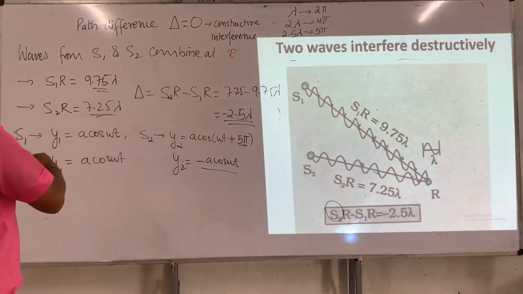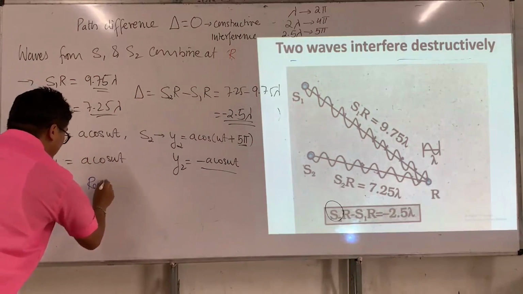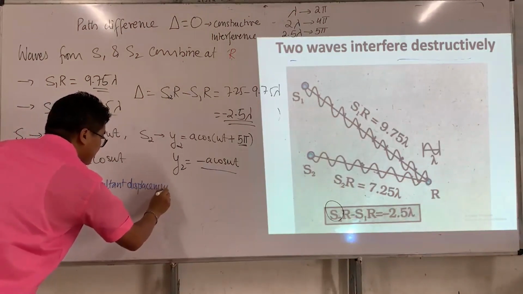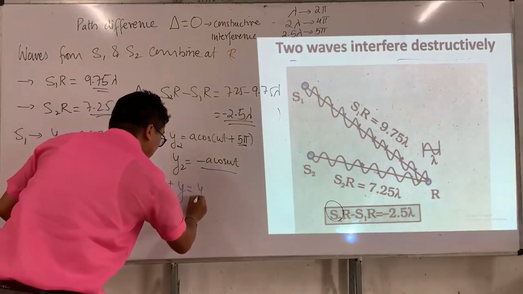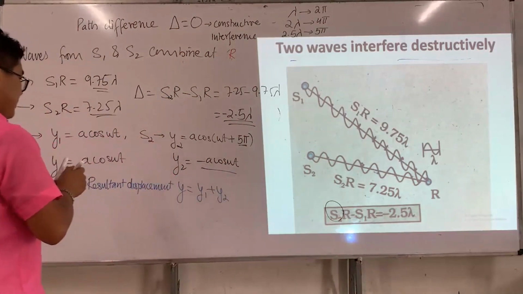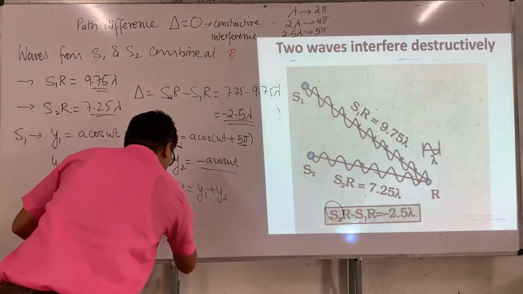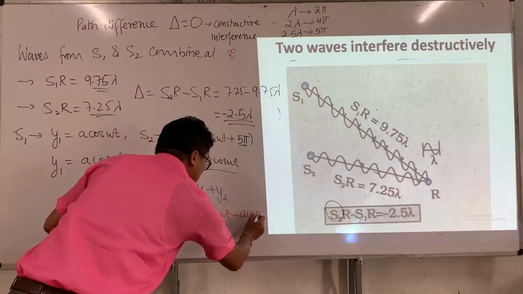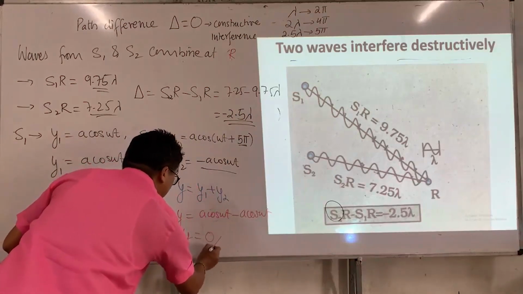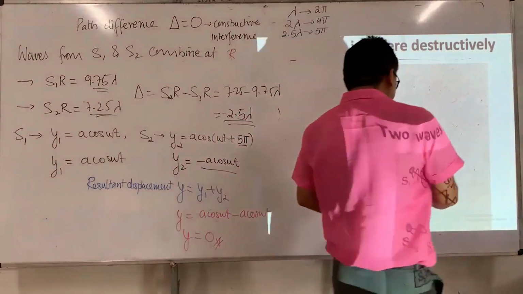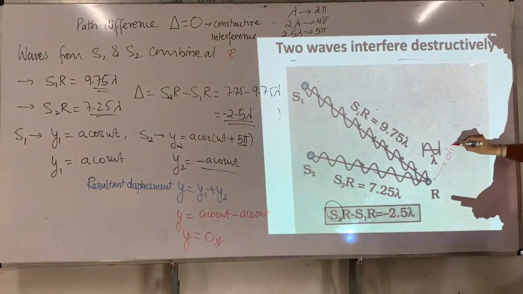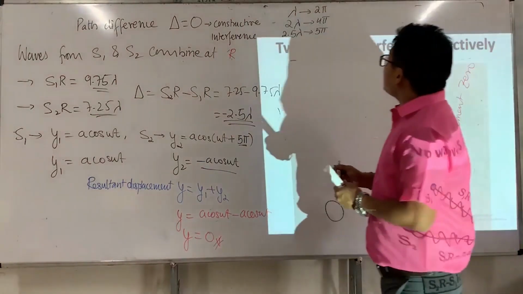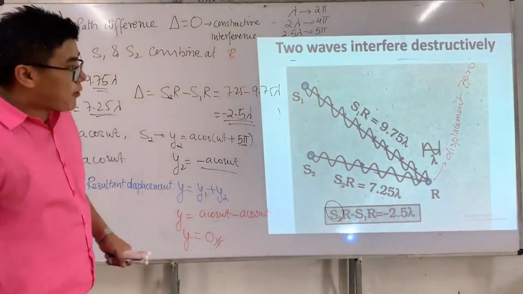Now what about the resultant displacement? Resultant displacement is A cos omega t minus A cos omega t. The displacement is 0 here. If the displacement is 0, then what about the intensity?